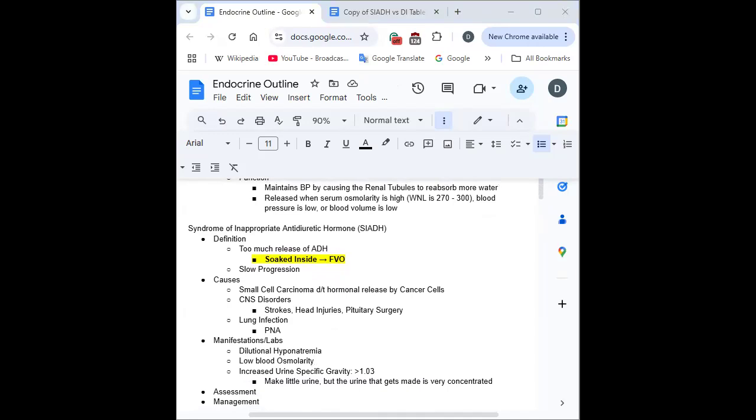Don't worry about the difference between osmolarity and osmolality. It's not going to come up on the test. From what I looked up, one of them I think is in units of kilograms, the other in liters, and one of them is more affected by temperature than the other. But again, don't worry about it.